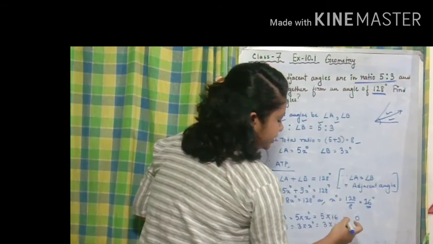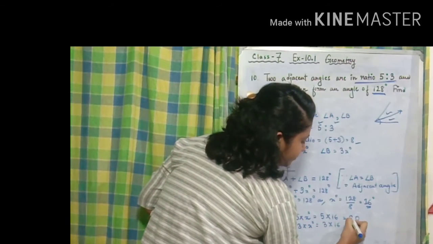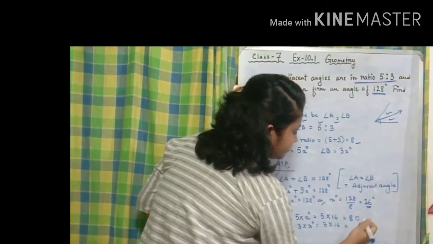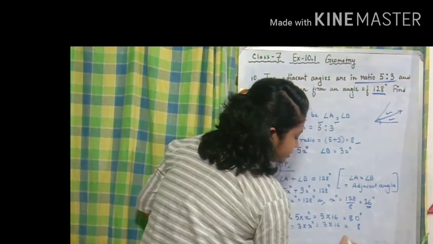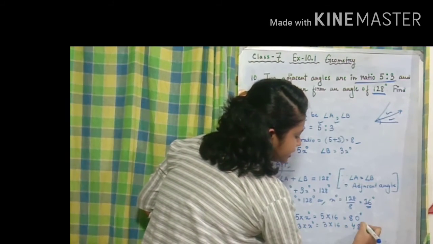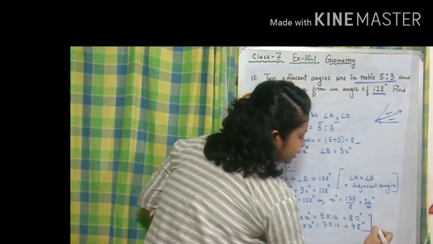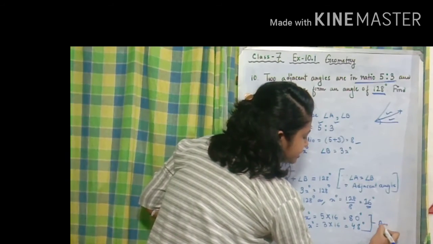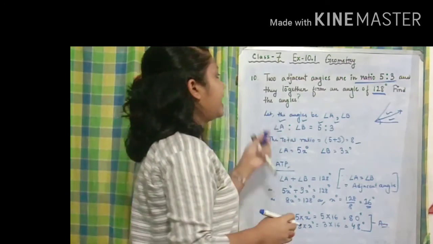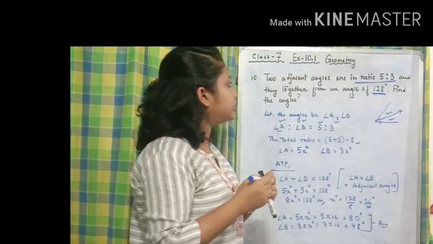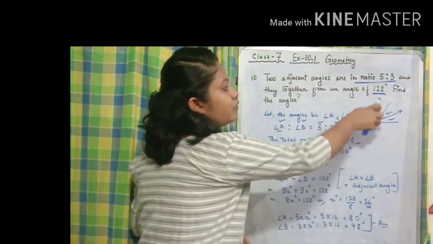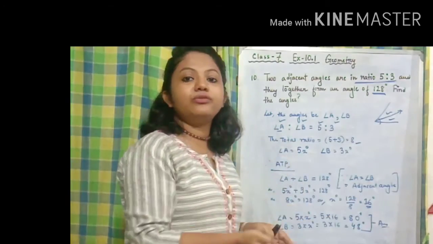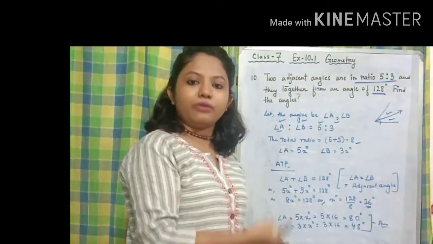So 5 sixes are 30, 5 ones are 5, so 80 degree, and here 3 into 16, that is 48 degree. So these two are the answers of our angle A, angle B, which are adjacent to each other. Now when we sum this together, it will give 128 degree, and this is how we verify whether we have found the right answer or not.